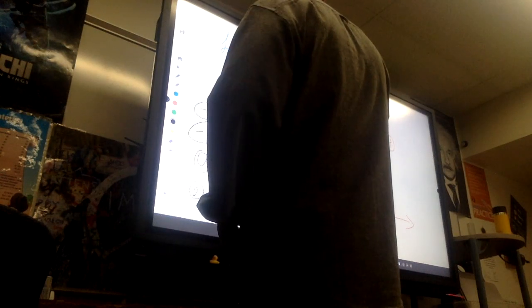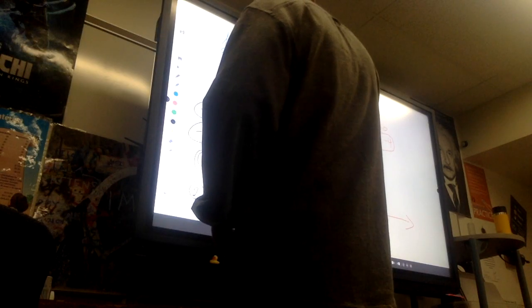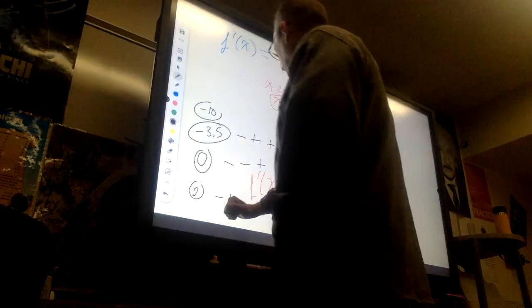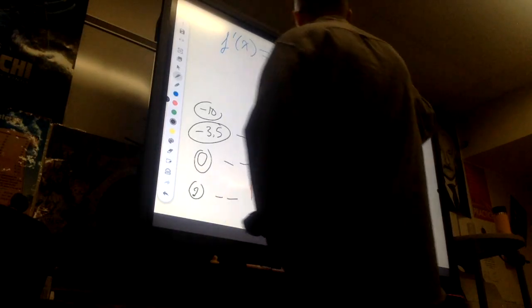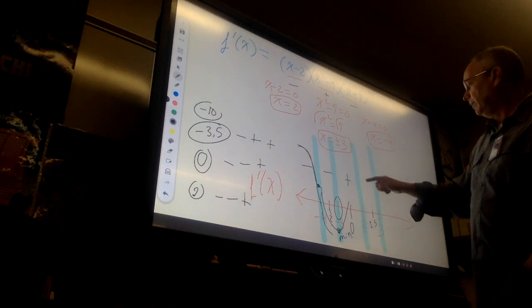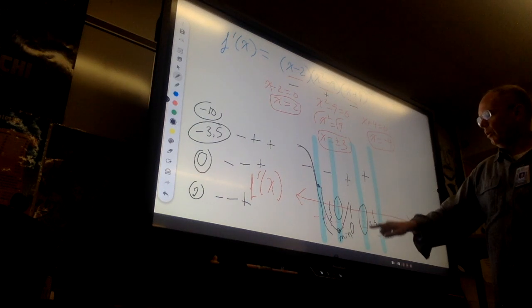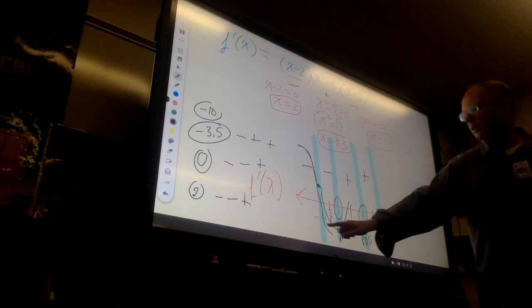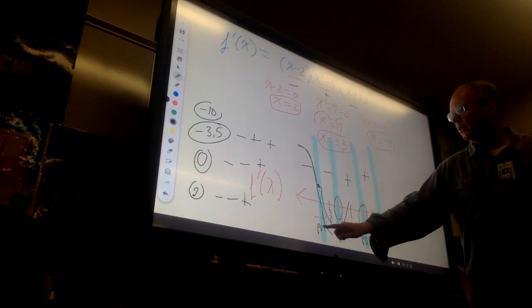So I'm going to get negative, negative, and positive. So a negative times a positive is going to be positive here. So that means that I have a point of inflection here as well. And this was where the other point of inflection was.